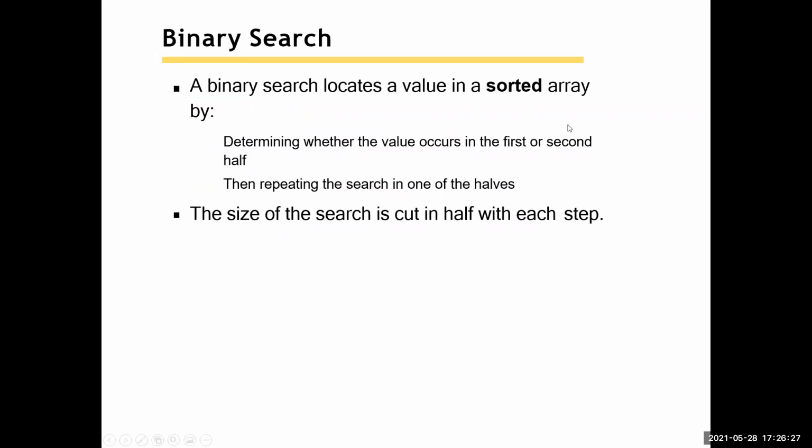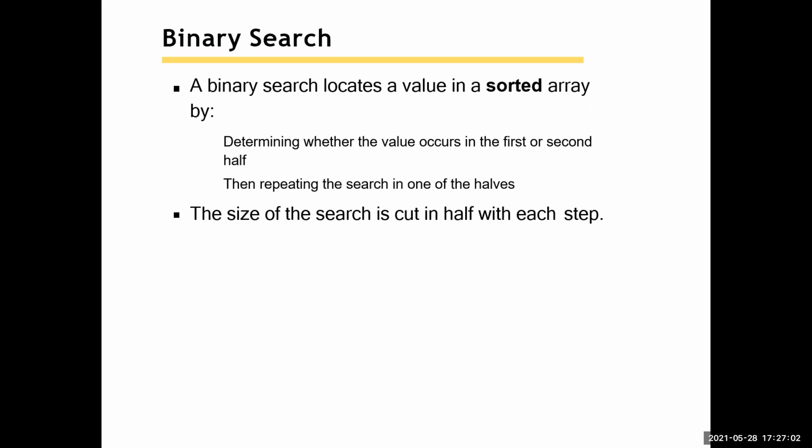Okay, so if we have our array sorted, then we can use something called binary search. Binary search has to have a sorted array, so we're going to have a cost of sorting. Remember, linear search doesn't involve any sorting. But if I want to do binary search, my array has to be sorted.